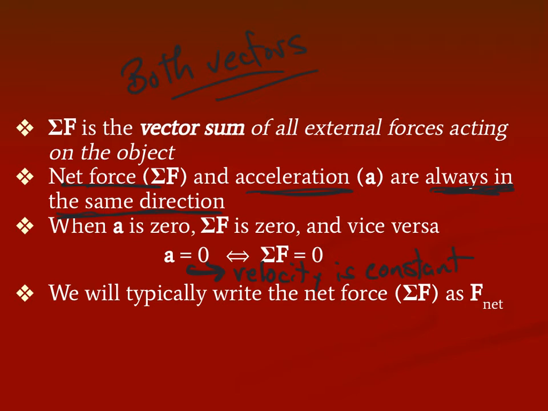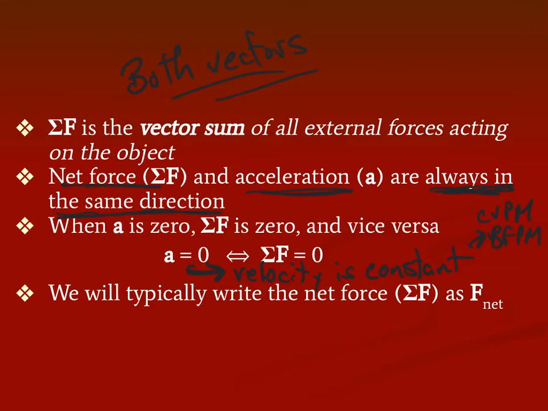Because if we recall the definition of acceleration, acceleration is the rate of change in velocity. If the rate of change in velocity is 0, that means that there's no change in velocity, which means that it's constant. This is what we were looking at earlier in the year in our constant velocity particle model. It was also our balanced forces particle model.